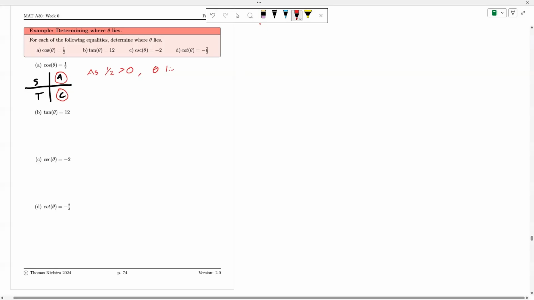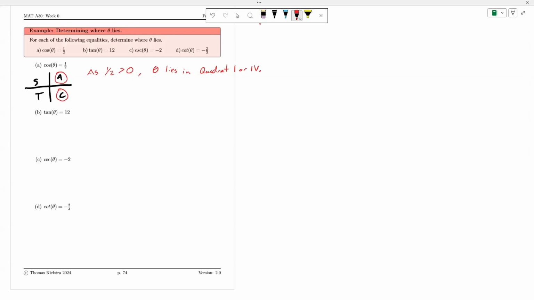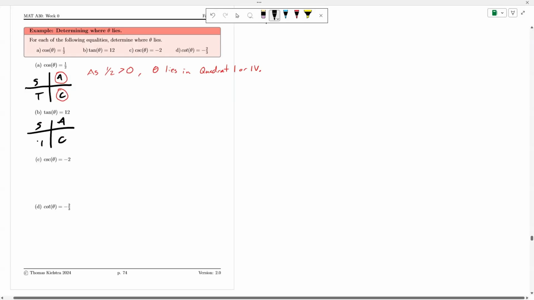Theta lies in quadrant 1 or 4. Now we have tan theta equaling 12. Again, I draw my CAST rule, and as 12 is greater than 0, I'm going to pick quadrant 1 and quadrant 3. Theta lies in quadrant 1 or 3.